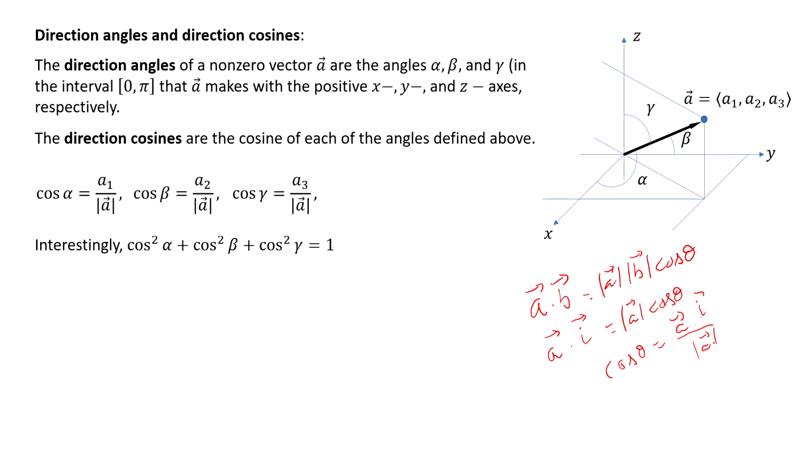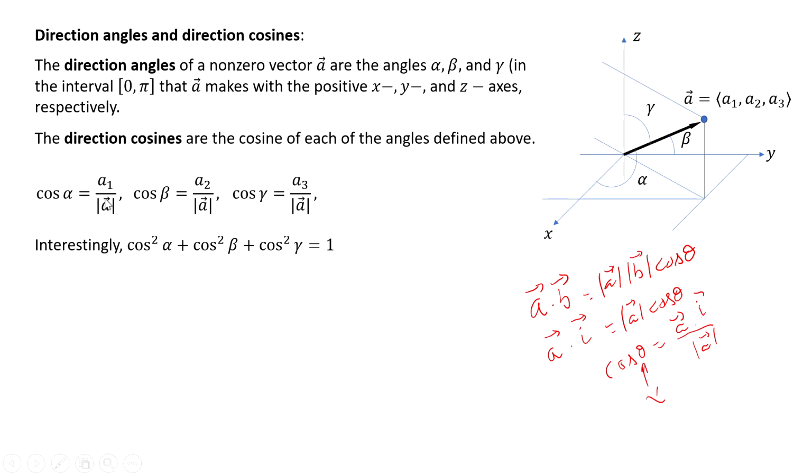That is exactly what we are doing here. When I say theta, the theta is nothing but the direction angle alpha. So if we take the dot product of the vector A with i, we get cosine alpha.